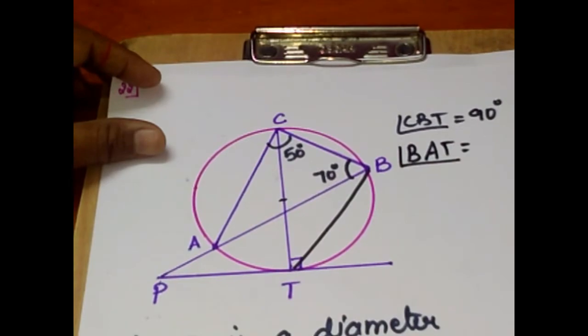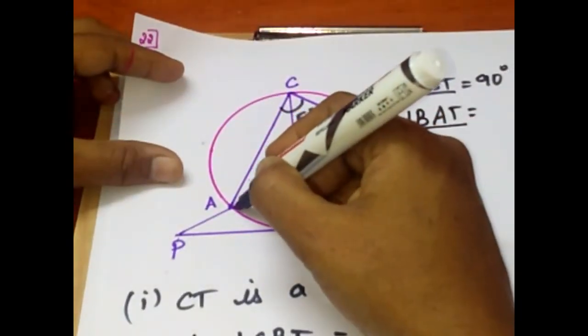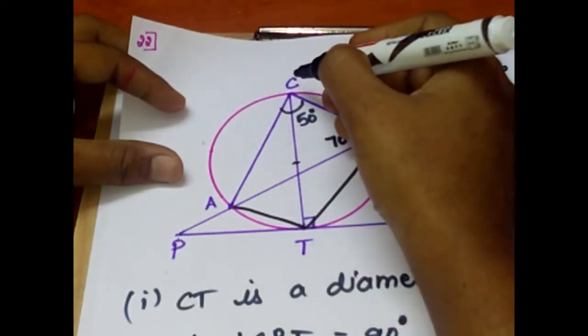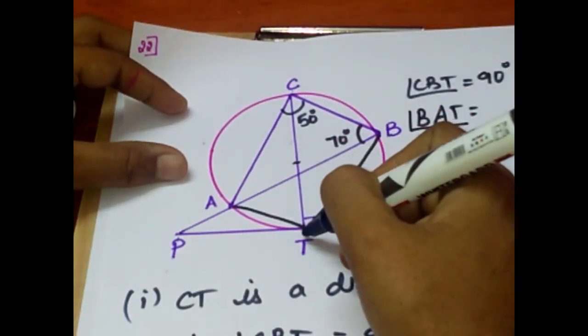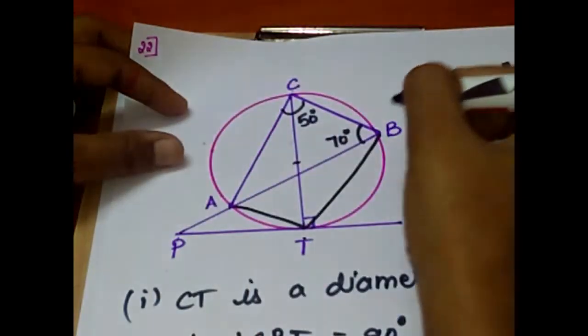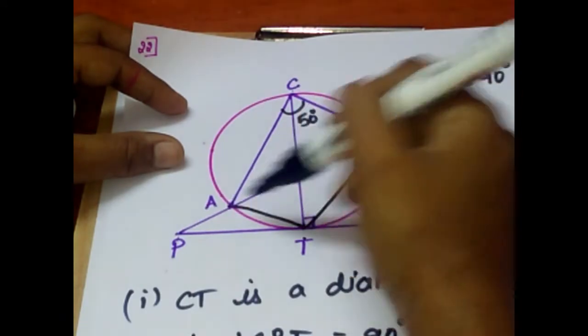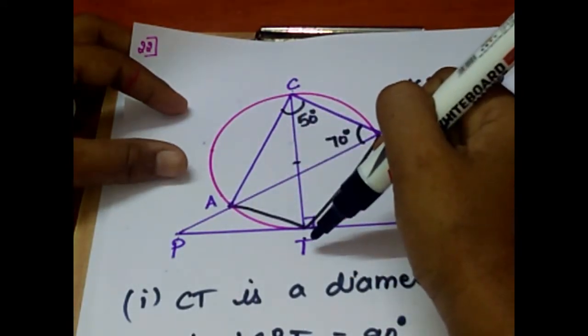Now, observe the diagram children. If I join AT, that is CT is a diameter, hence angle CAT will be equal to 90 degree. Just keep this in mind that angle CAT is 90 degree.